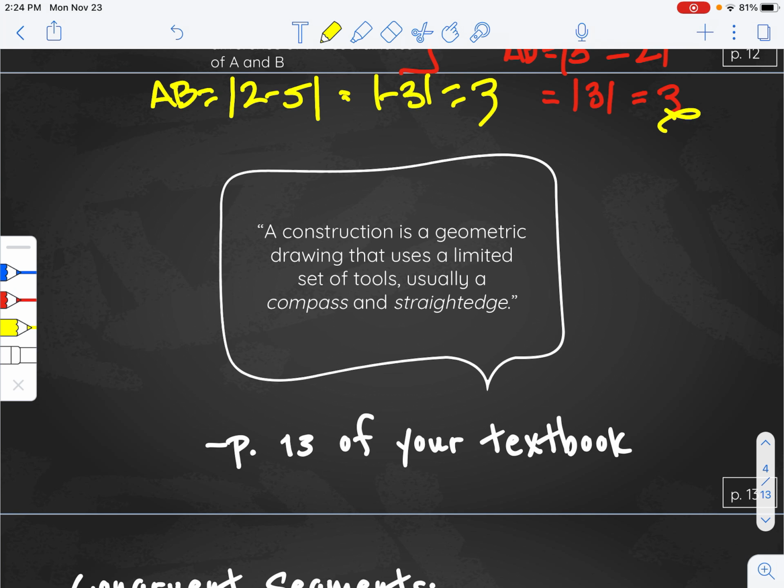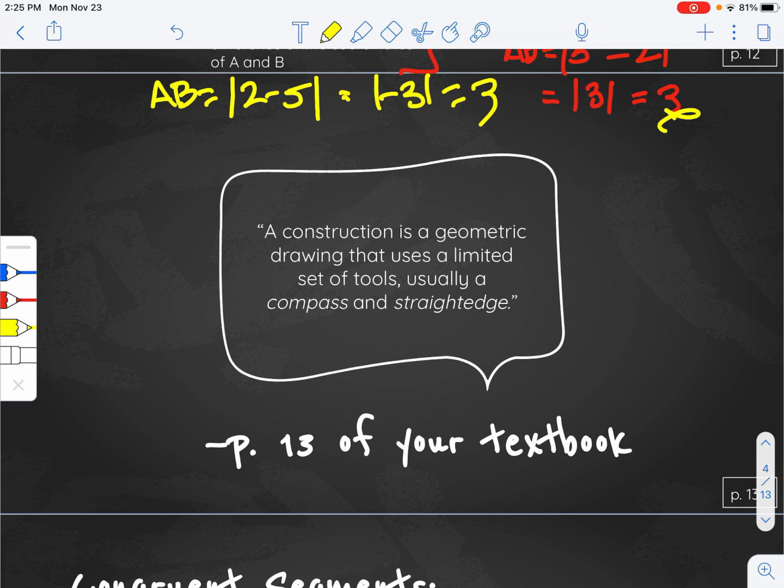Now I mentioned, in the bottom of page 12, you can see there's the picture of the ruler and everything like that with the ruler postulate. We're not going to talk about that much more. The main thing that we want to know from the ruler postulate is distance, and that distance formula that the distance between A and B equals the absolute value of x2 minus x1.